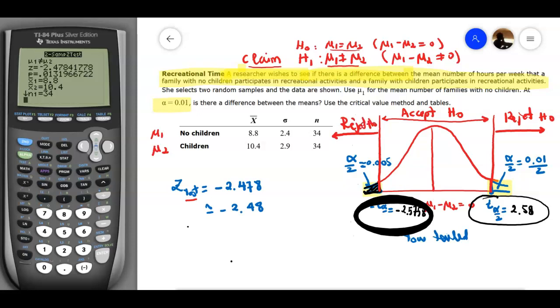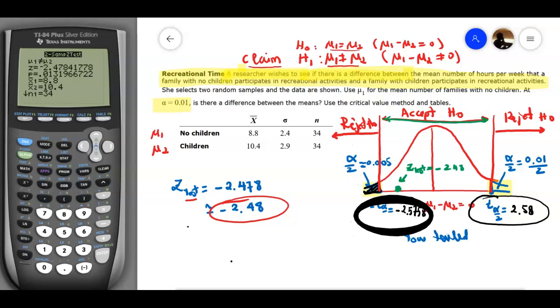My logic is always related to H0. Now if I want to place this number in the chart, obviously this is 2.58 and minus 2.58, therefore the minus 2.48 is going to be somewhere here. So this is my z-test, which is minus 2.48. Therefore, as you can see, it is falling within the acceptance zone.